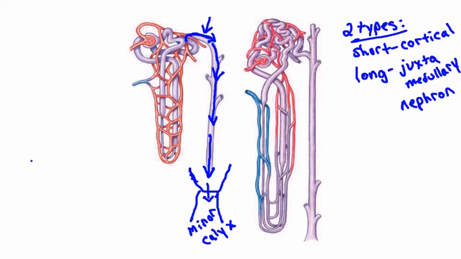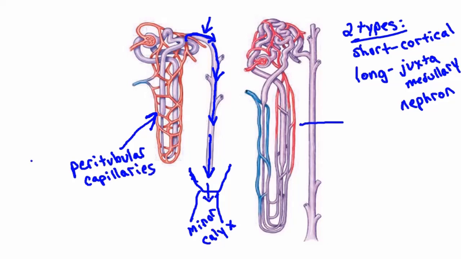The other difference is that in the short nephron, the cortical nephron, as I said, these capillaries that come and wrap around the whole loop and everything are called peritubular capillaries. But you see how it's a lot less messy, and they're longer. They don't wrap around so much in the long juxtamedullary nephron.